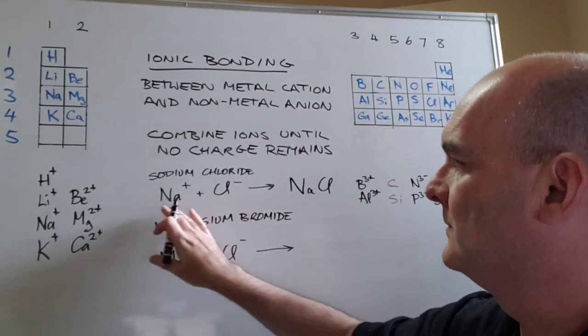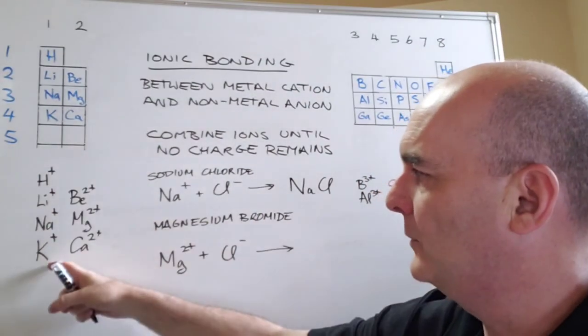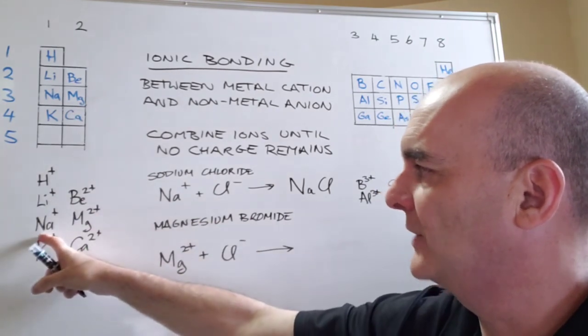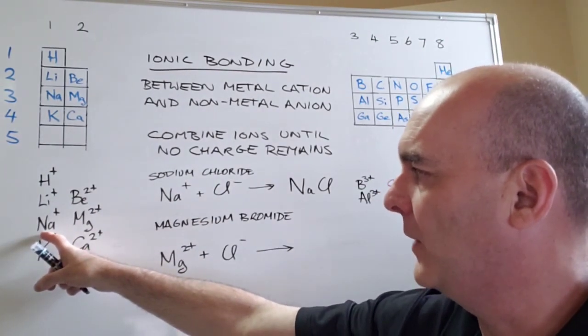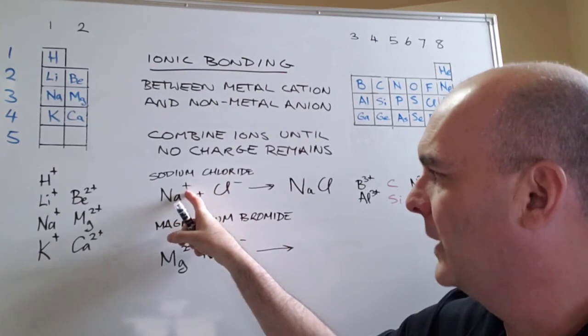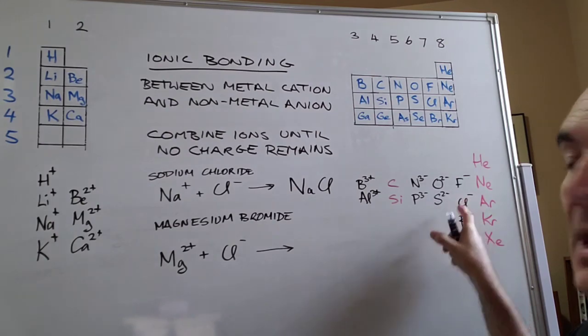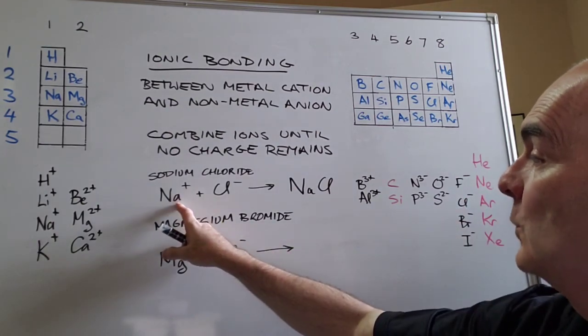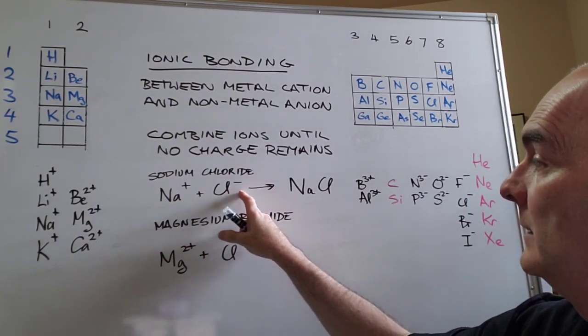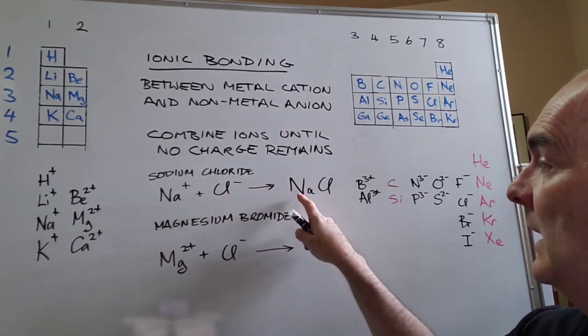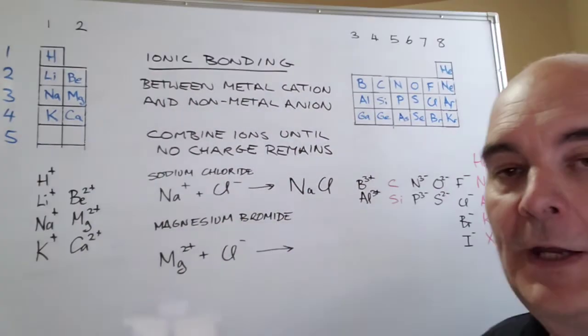Sodium chloride. Sodium we found in group 1, therefore has a +1 sodium ion, cation, +1. Chloride was all the way over here in group 7. There is a 1- anion. The +1 and the -1 cancel each other out, and so I've made sodium chloride.